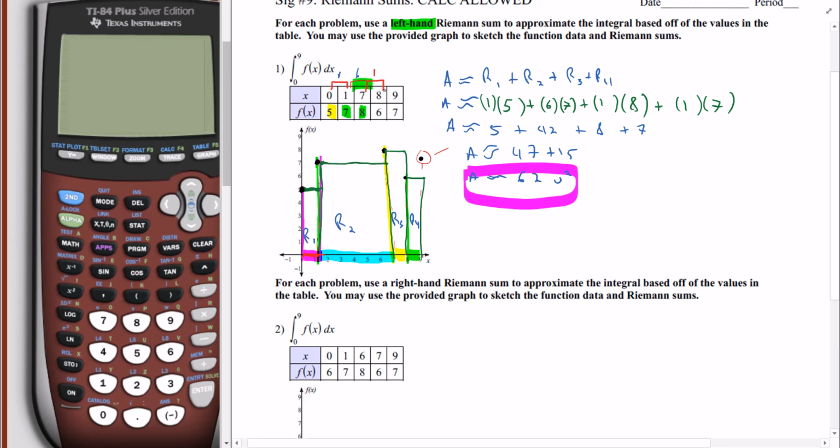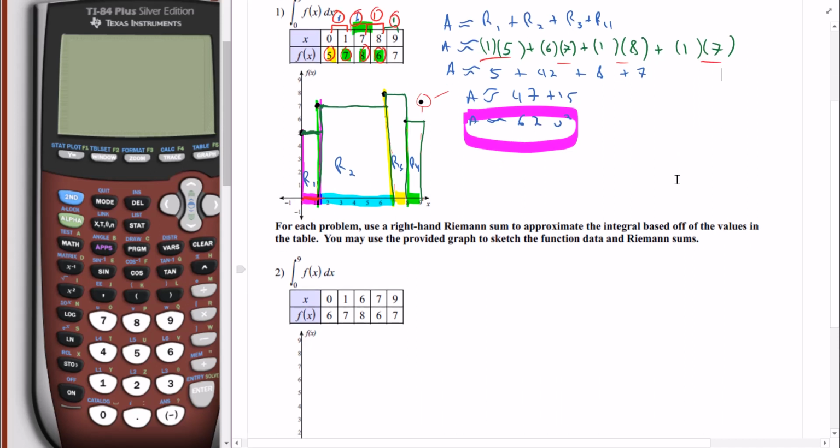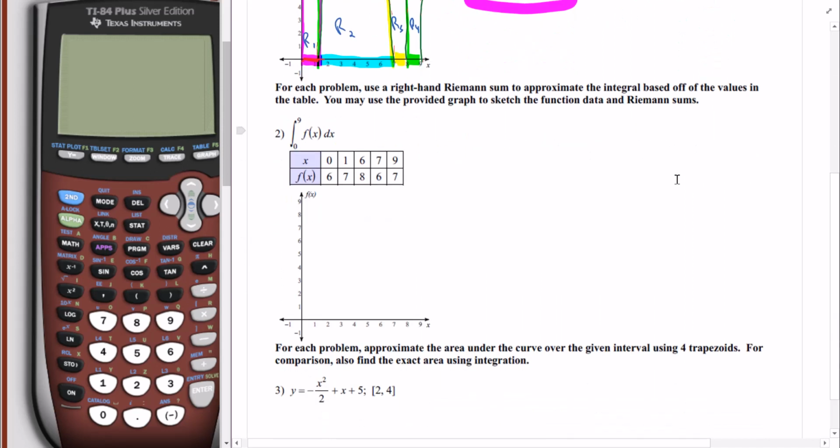And then the next one would have been another base of 1, because from 8 to 9 is 1, and we would have used this height. And so you'd basically take 1 times 5, 6 times 7, 1 times 8, and 1 times 6, which is what we did here. So if you can see in the table, then you can save yourself some time by not graphing, but the graphing is not that hard, so I'd suggest just doing it anyway.